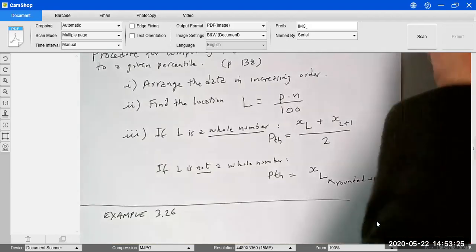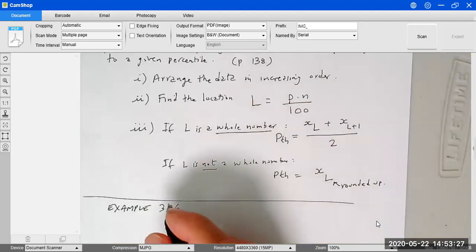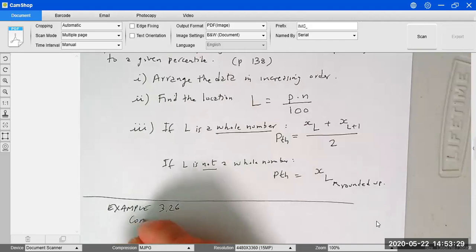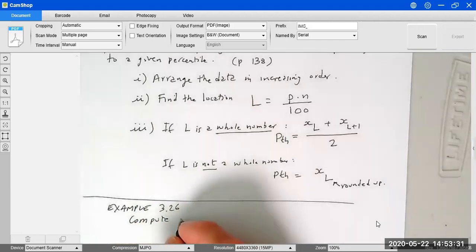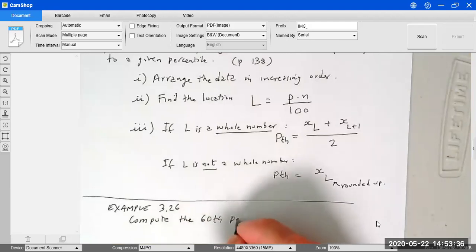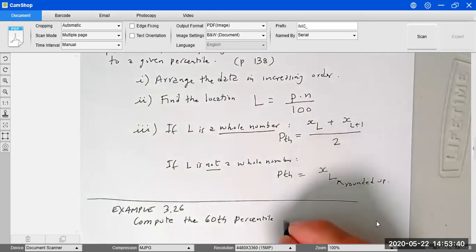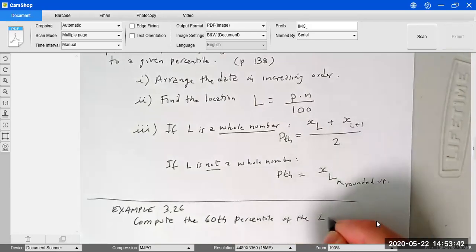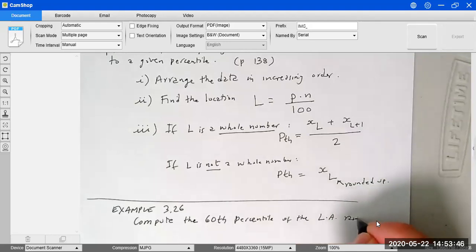This example is based on the same table. So we're going to compute the 60th percentile of the Los Angeles rainfall data.